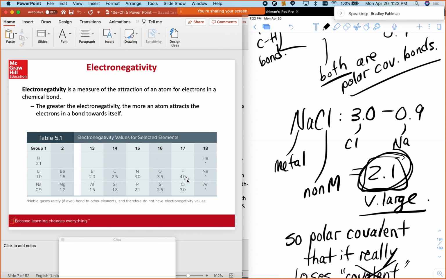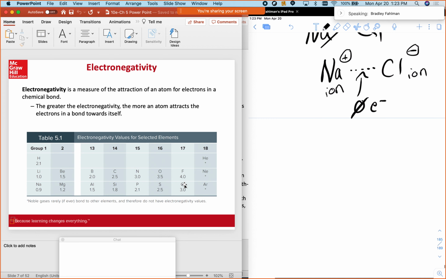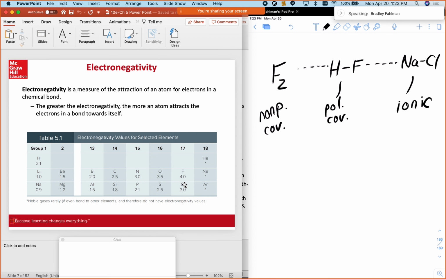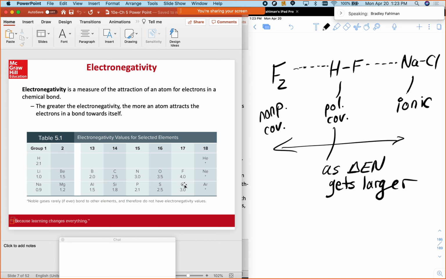There's an extreme of nonpolar covalent, where it's the same atoms, and then you get farther away to polar covalent, and now ionic. It's a progression where you've got electron sharing, but as the difference in electronegativity gets larger, you're always moving toward more ionic character in the bond.